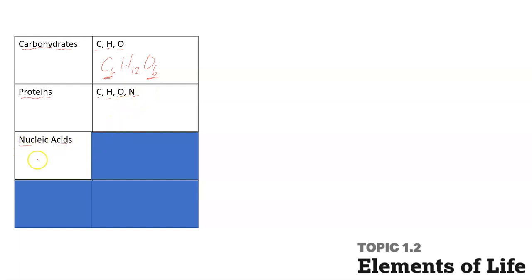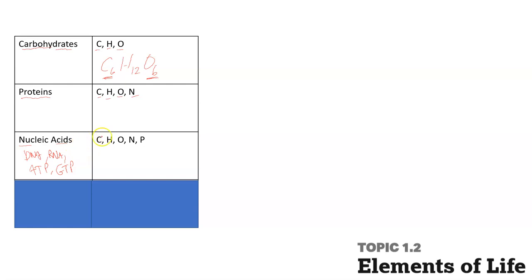Nucleic acids. Of course, you've heard about DNA, RNA, ATP, maybe even GTP. There are many different types of nucleic acids or bases for nucleic acids, as we're going to find later on. I'll talk in depth about nucleic acids in the final video of Chemistry and Life.